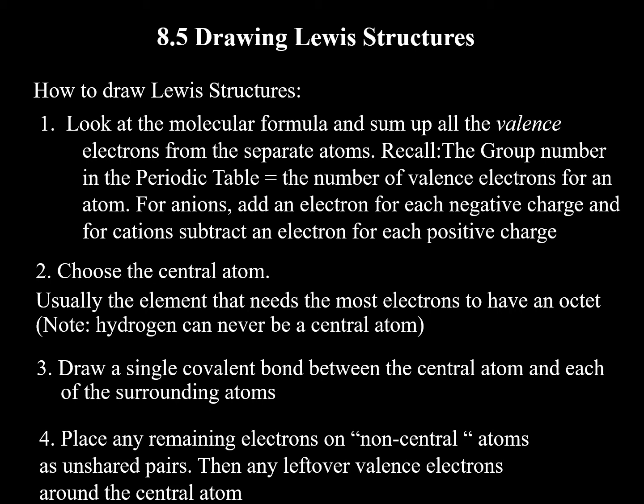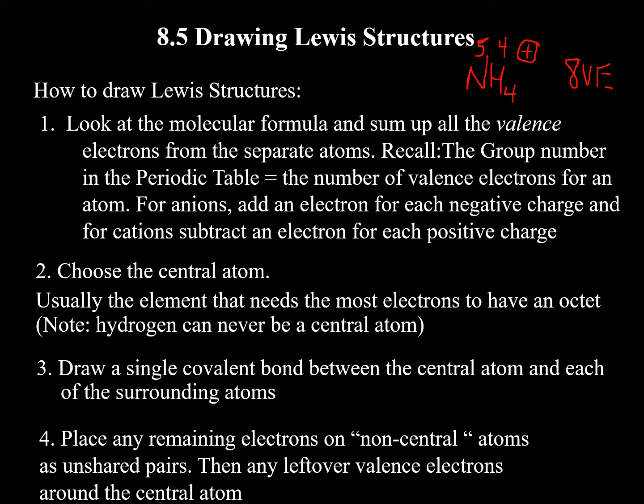If we have something like a plus sign or negative sign, let's say we have ammonium, which is NH4 plus, the total valence electrons here would be 5 from the nitrogen, 4 from the hydrogen, 4 times 1. But because ammonium is positively charged, we have to take an electron away. So the total valence electrons would be 8 valence electrons for NH4+.